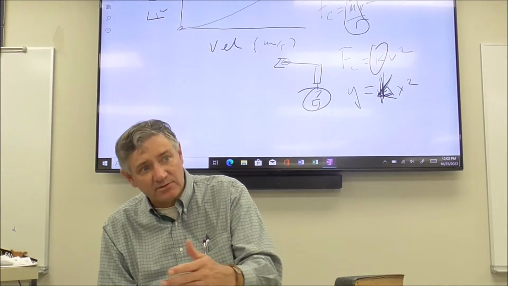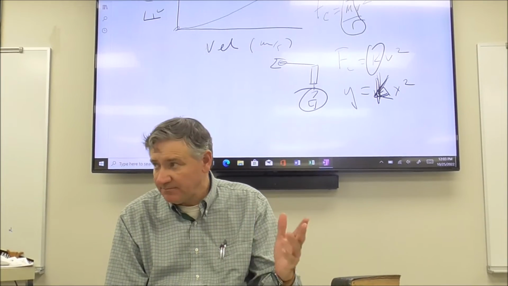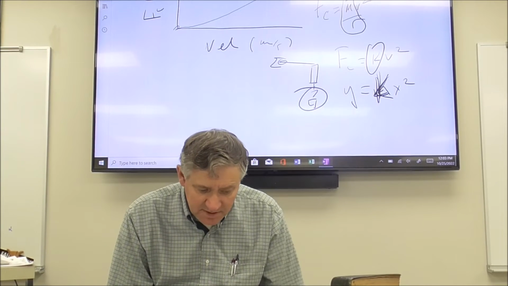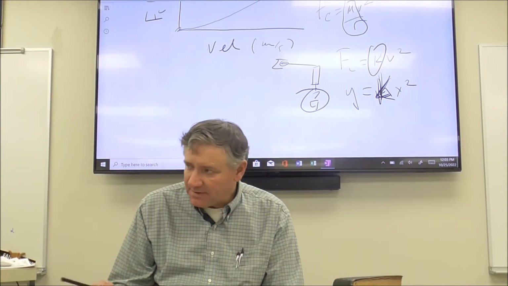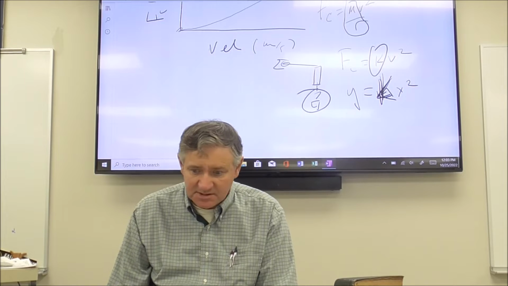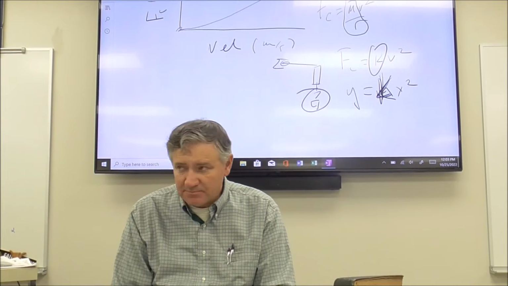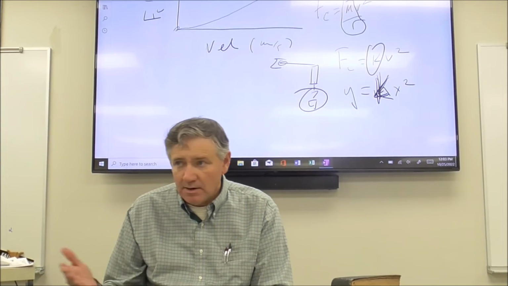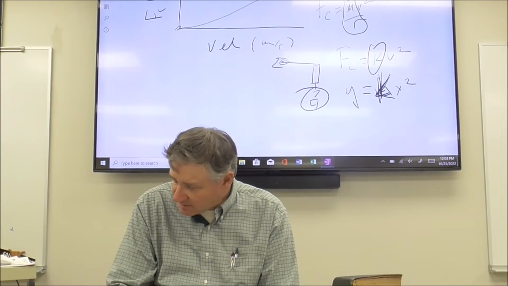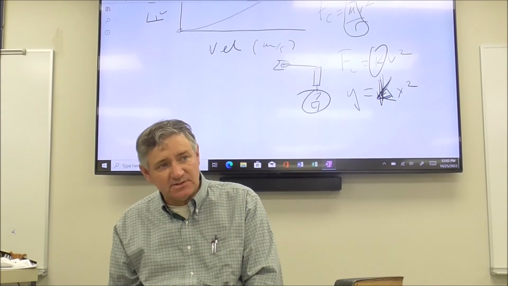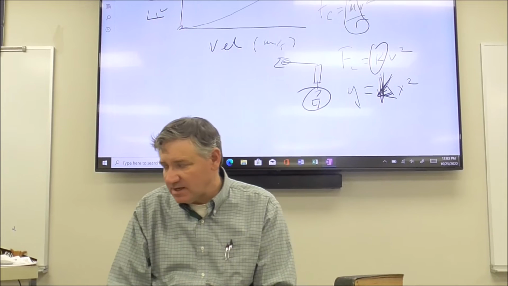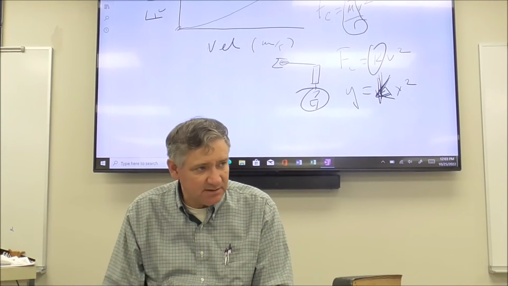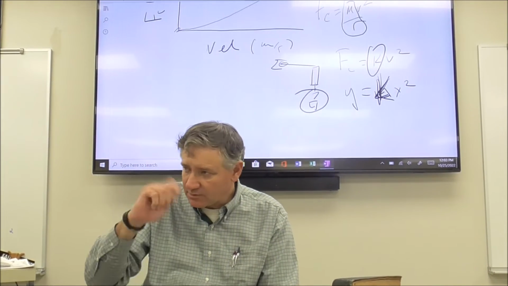Centripetal force and velocity. Okay, that's it. And then when you answer question number 4, explain that relationship of your graph, the simplest thing you can possibly say is, since mass and radius are constant, as you increase the centripetal force, the velocity has to increase. Okay? That's all you have to say. Don't write your doctoral thesis.